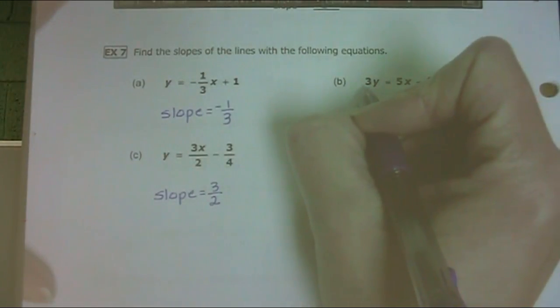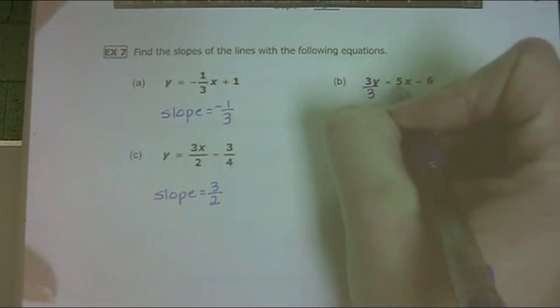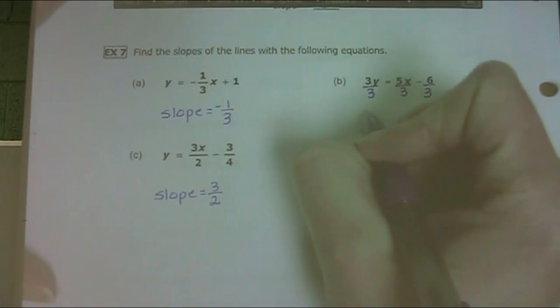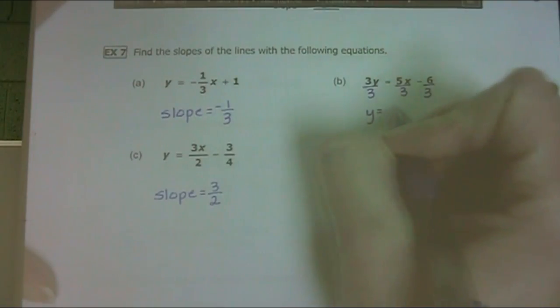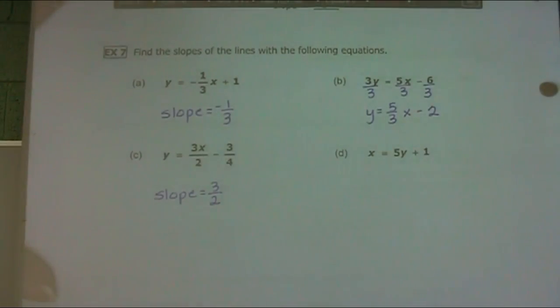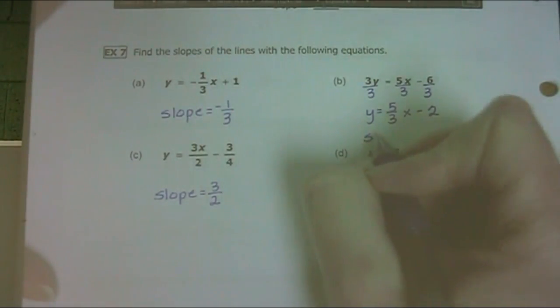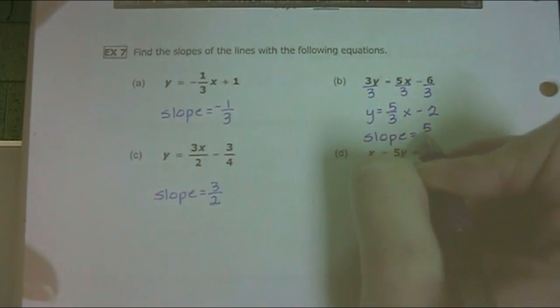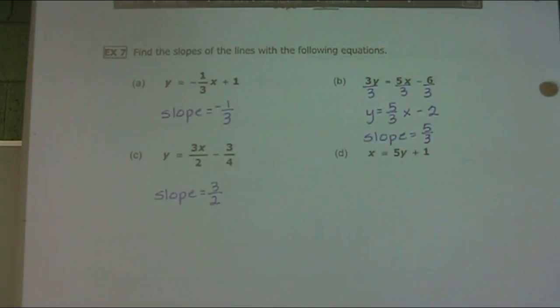So what we're going to do, divide all 3 parts of this equation by 3. And the equation in slope-intercept form is y equals 5/3 x minus 2. So now we can find our slope. It is the coefficient of x, and that equals 5/3.